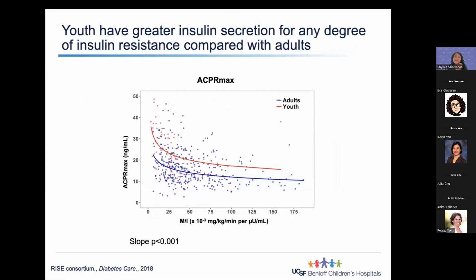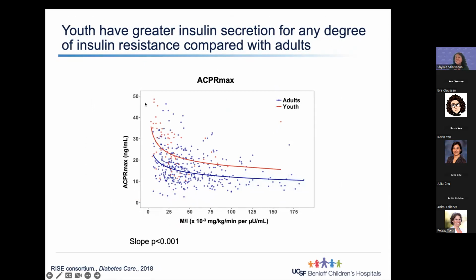And when they looked at insulin secretion, again with hyperglycemic clamp data, they found that youth had a greater degree of insulin secretion for any degree of insulin resistance compared to adults. The adults are shown in blue and the youth are shown in red, and you can see that for any degree of insulin resistance, shown on the x-axis, youth have a greater degree of beta cell secretion, shown on the y-axis.